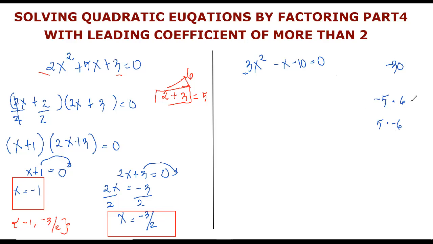Negative 5 plus 6 is? Okay, positive 1. 5 minus 6 is negative 1. So, saan po dito yung may kapareho ng middle term? So, this one. Tama po? Ito, negative 1, negative 1. So, the factor that we are going to use is positive 5 and negative 6.